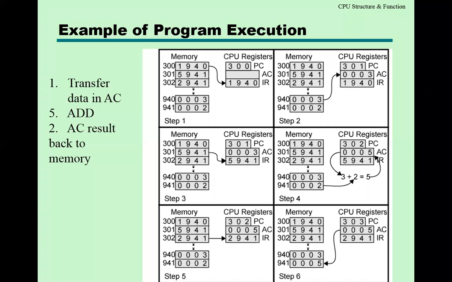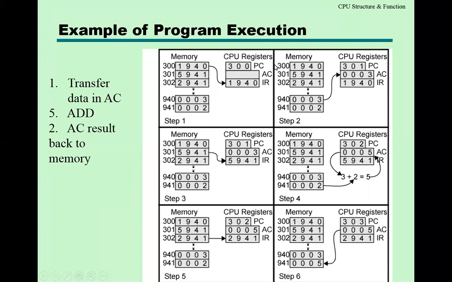IR is the instruction register. The instruction register loads the instruction. In IR, we load the particular instruction. I hope you all understood these parts. This is the main memory, and these are the instructions. This is the data.